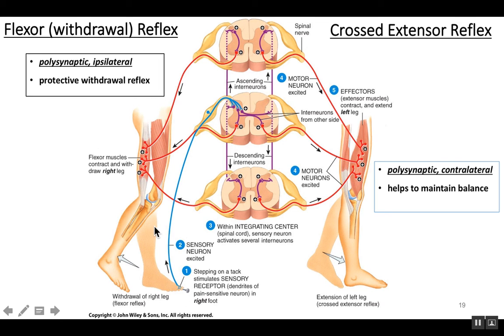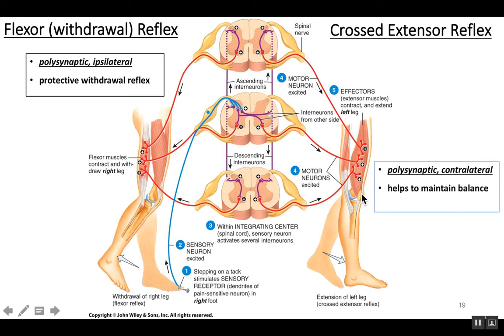There's also a contralateral reflex. So now we can follow this same sensory path into the spinal cord, but look at what we're doing. We're crossing over to the other side of the body, so it's a contralateral response, and we are stimulating the extensor muscles. Those would be your quadriceps. So what does that do? That helps you balance.